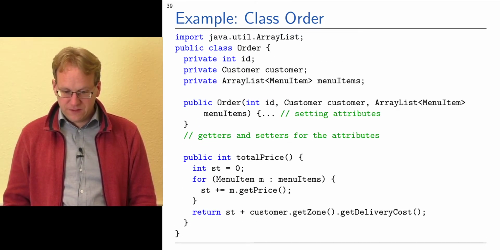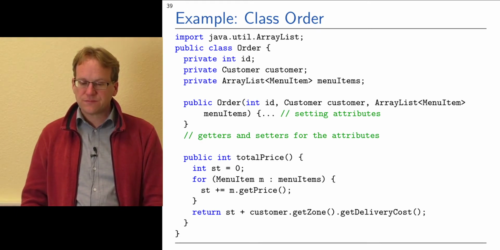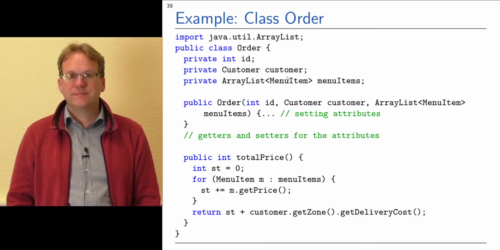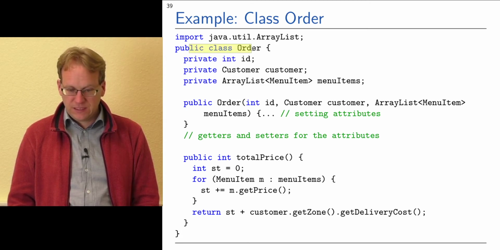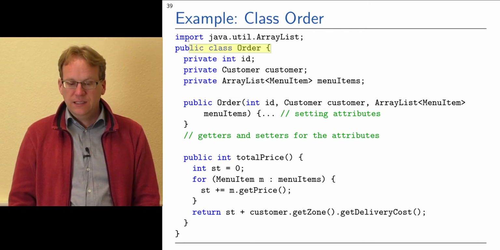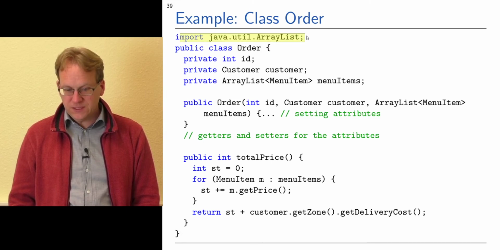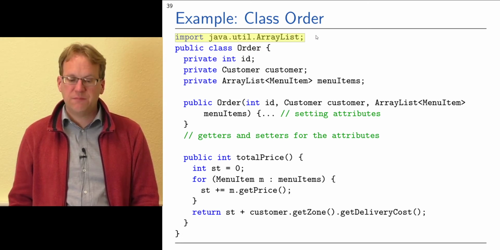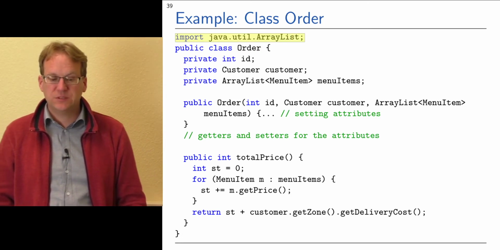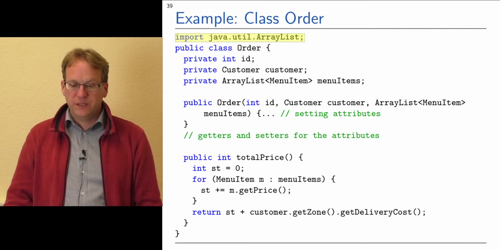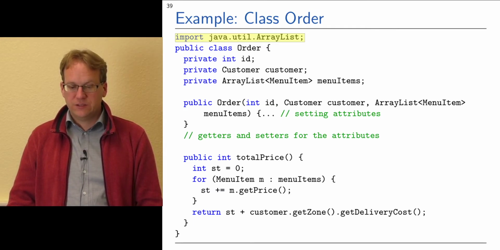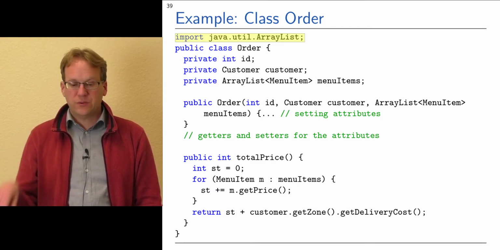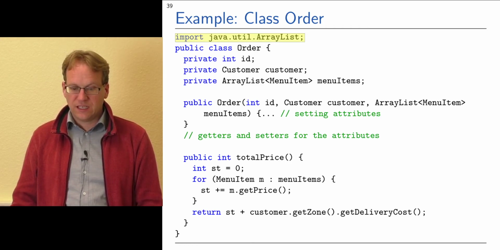Well, then we have the order class. We have again public class order. Before writing this public class order, we have a number of imports, so some Java classes which we will use in our code that need to be imported before starting this class.